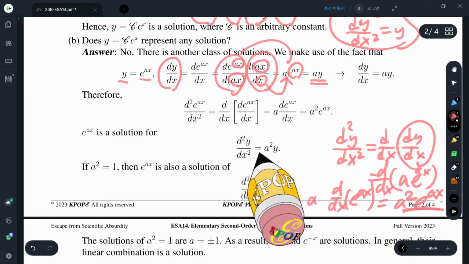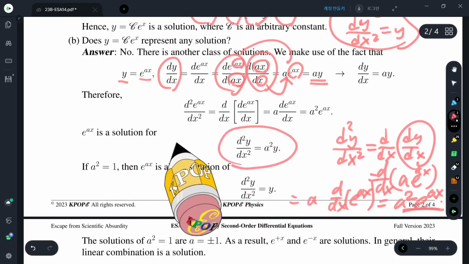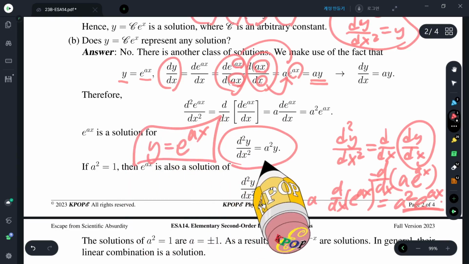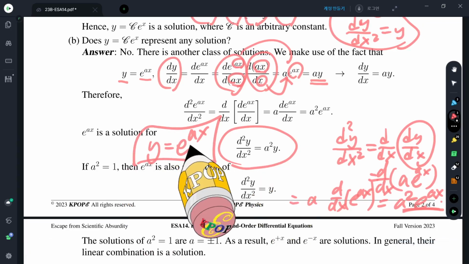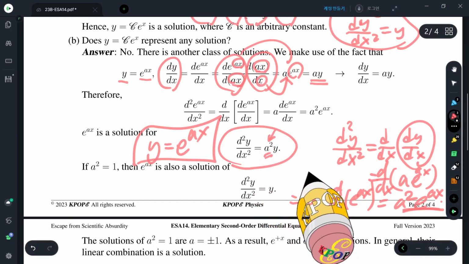Therefore, I know now that y equals e to the ax is a solution for this. By the way, we have a squared instead of 1.